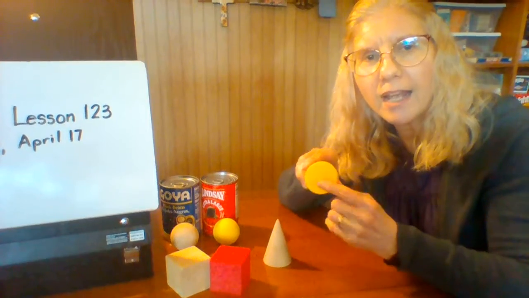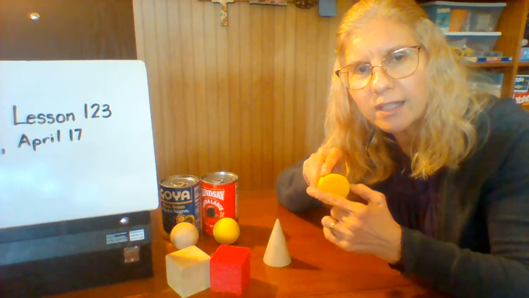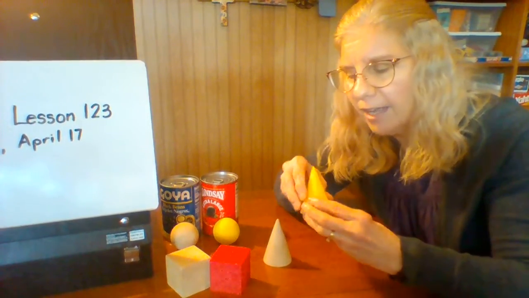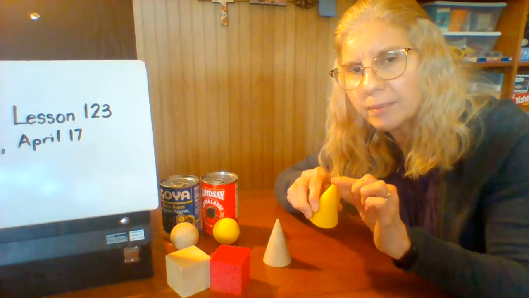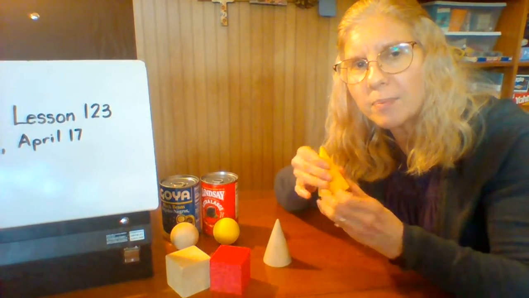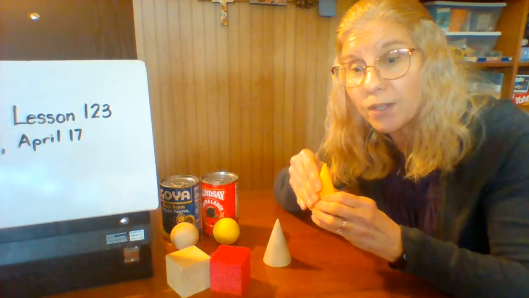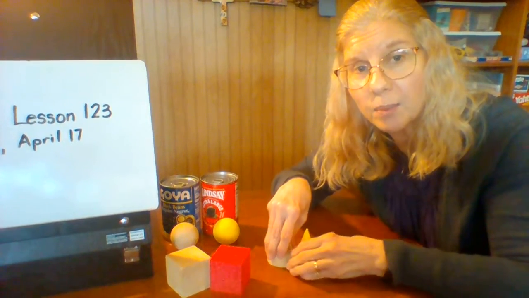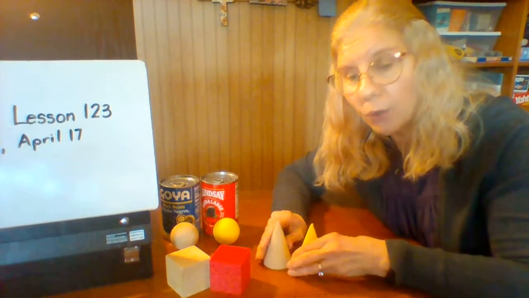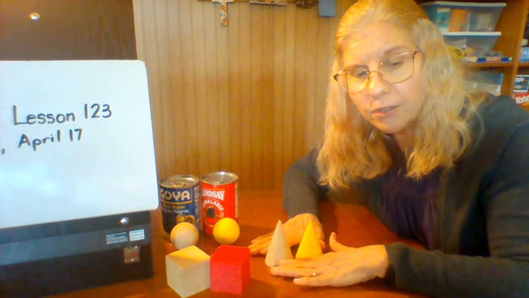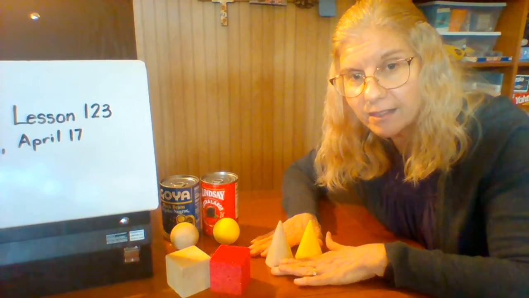They are bigger. On the bottom of a cone is a circle, and then it makes a point at the top, and you can wrap a piece of paper around there too. You can make a cone out of a piece of paper also. So we are ready to do the math lesson now.